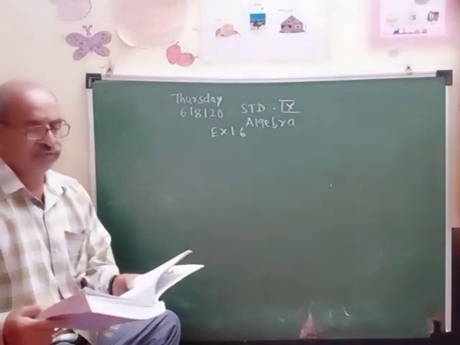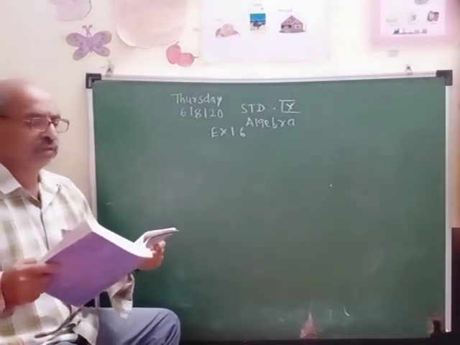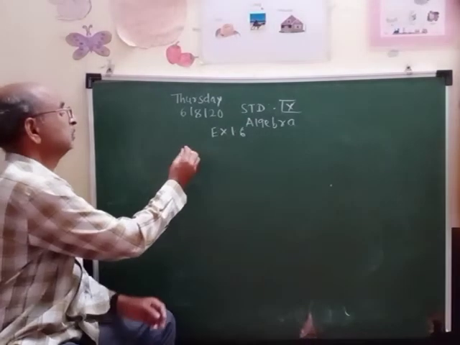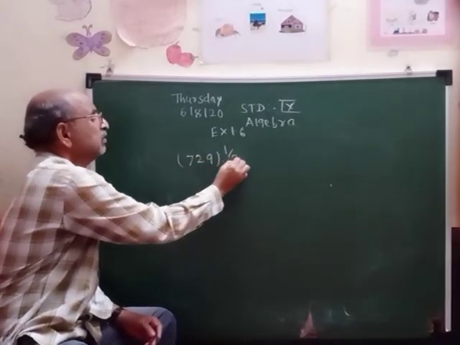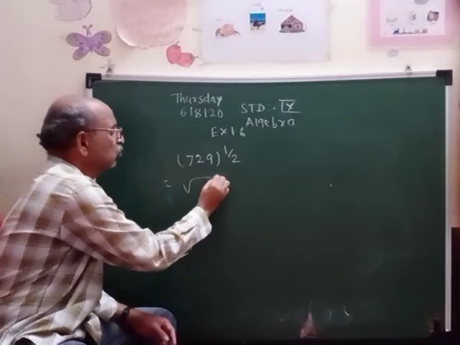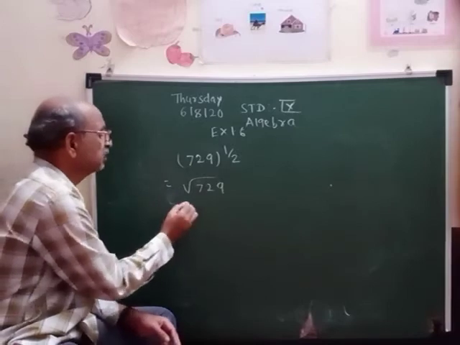One more example we'll see. Suppose 729 raised to 1 half. Now 729 raised to 1 half means the square root of 729.